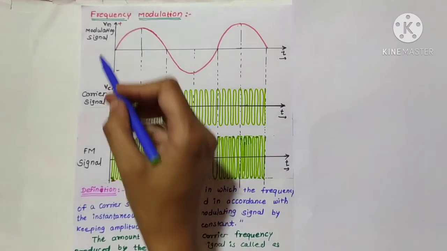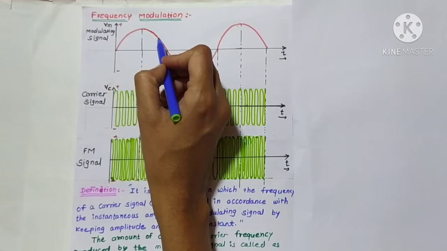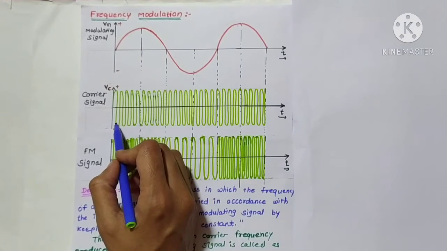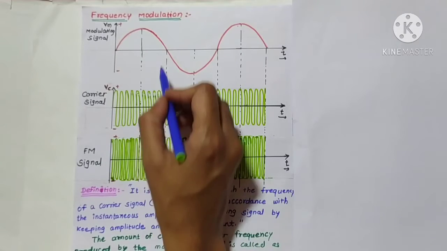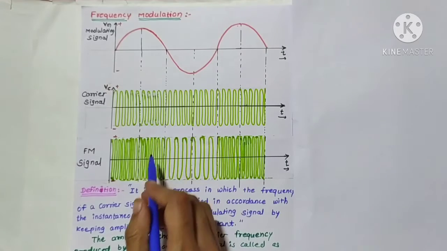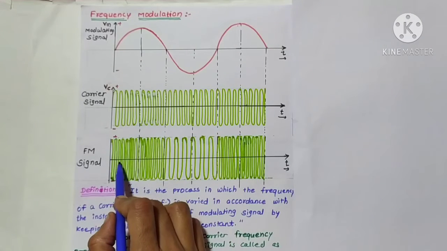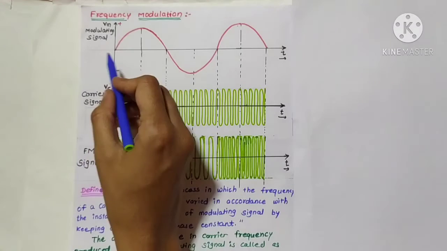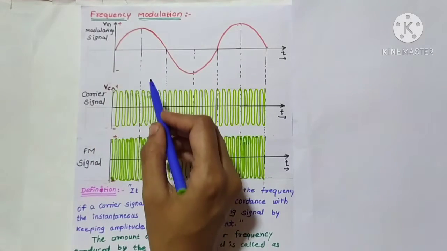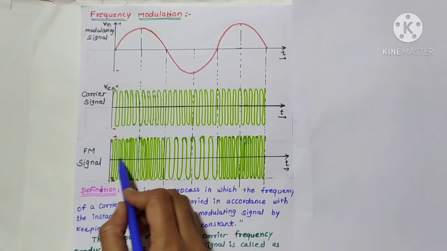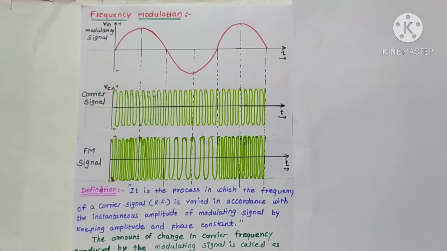So, at the maximum, that is at the positive peak, you can see the waveforms up to this positive peak marked with the dotted line here get compressed. Okay students, at this positive peak, the carrier frequency gets compressed. You can see the compressed waveform.